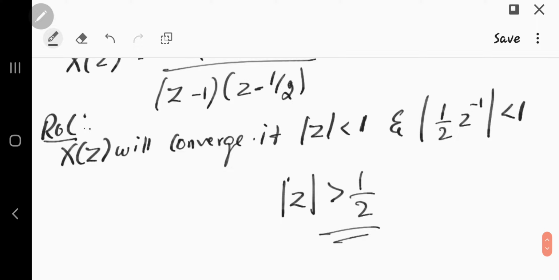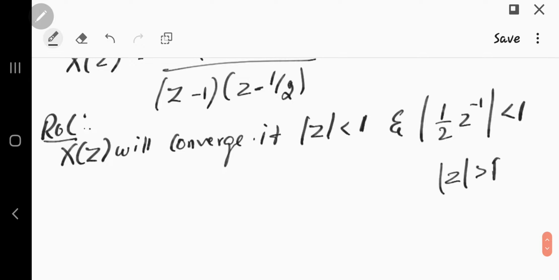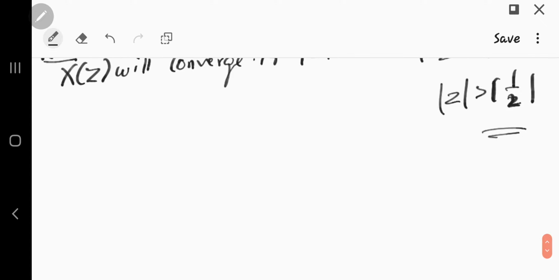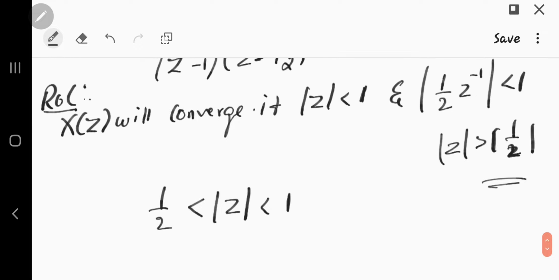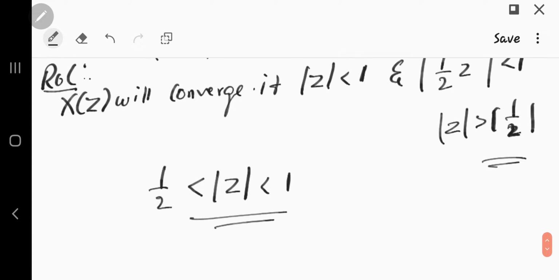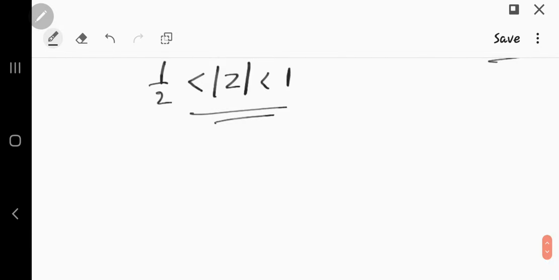So for this one, let me write it here. z greater than 1 by 2. Now if you observe, the location of z is greater than 1 by 2, less than 1. So this is where the ROC lies. So this is the first point.